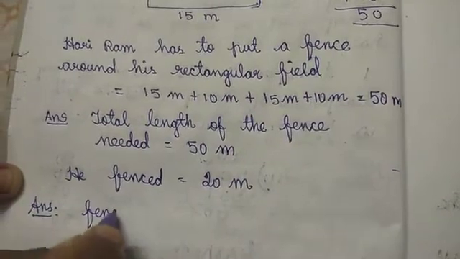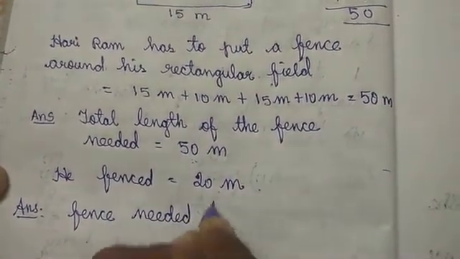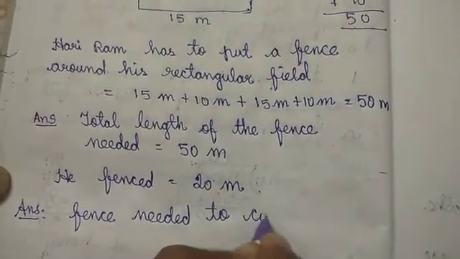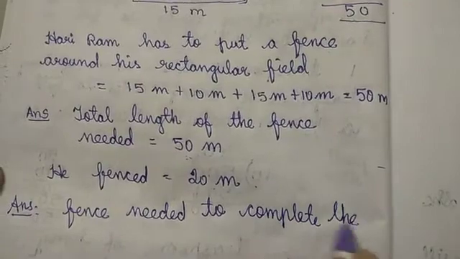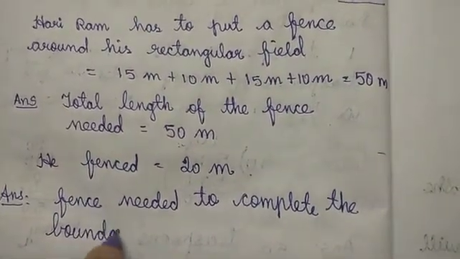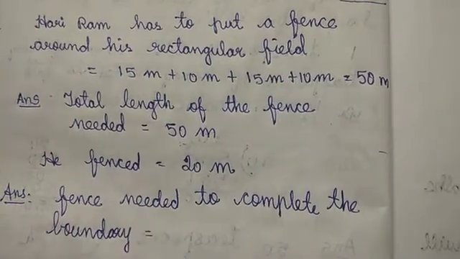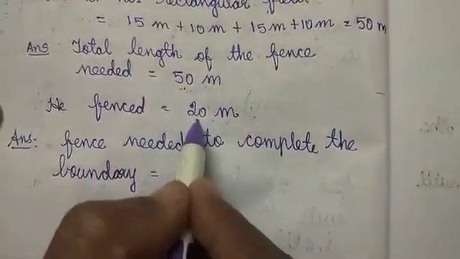Fence needed to complete the boundary. So what will come, children? What you have to do? From this 50 meter, you have to minus this 20 meter.